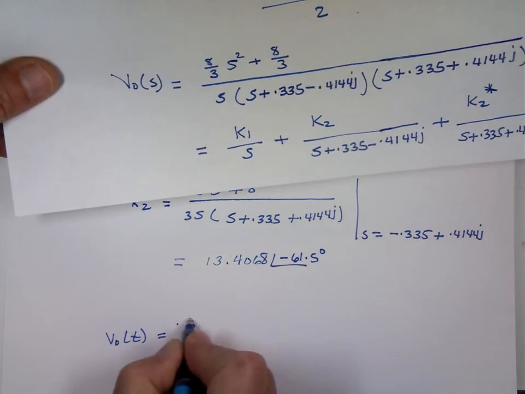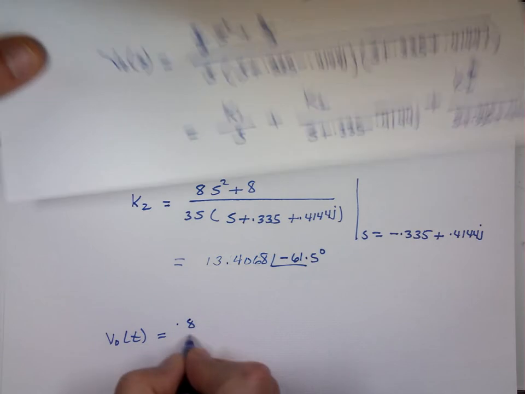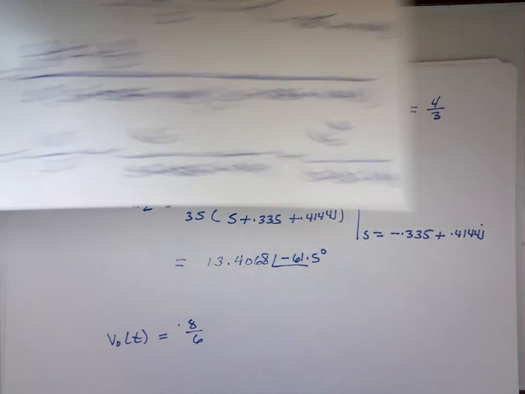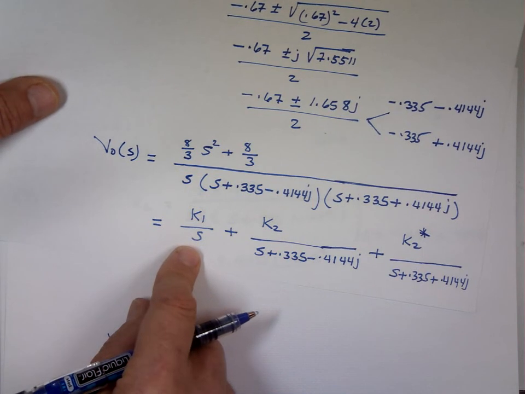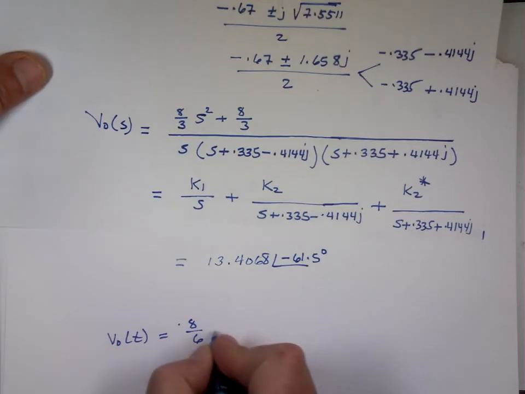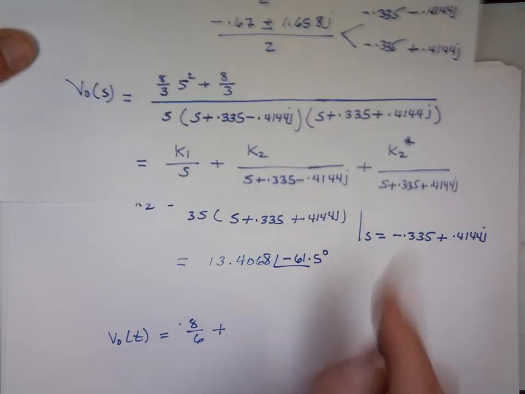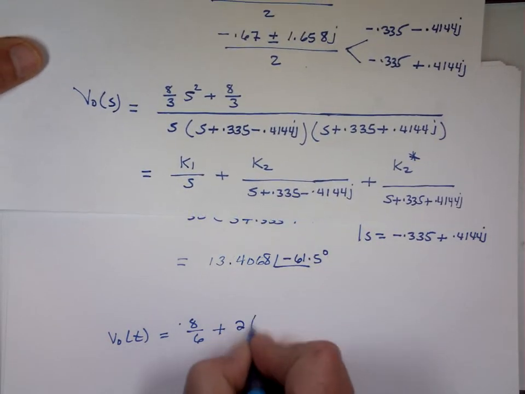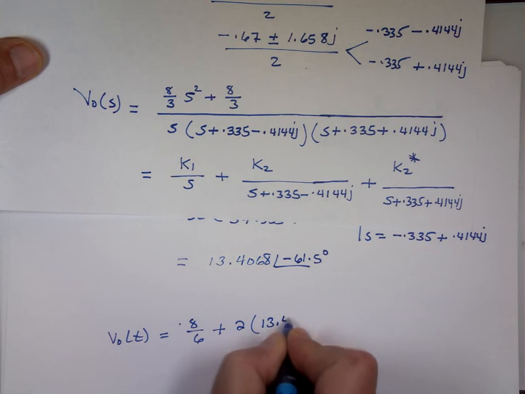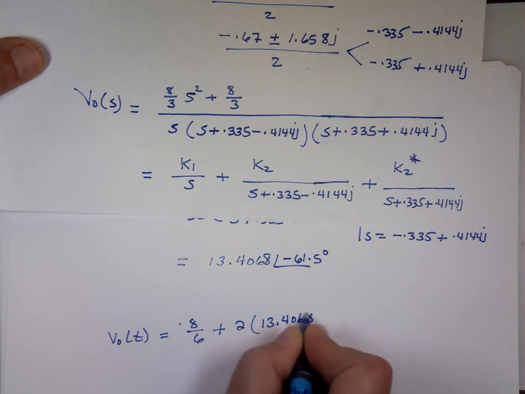U sub t, the inverse Laplace of 1 over S is U sub t. Plus, the inverse Laplace of this quadratic one is going to be 2 times 13.4068 e to the minus alpha t, alpha is 0.335t.